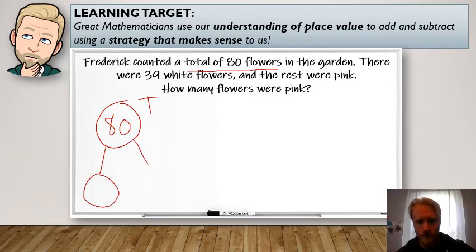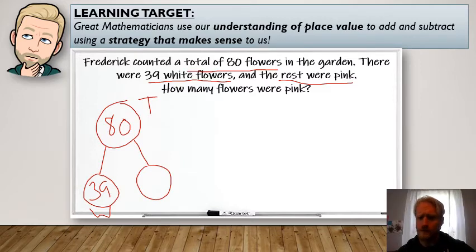Now I can draw in the rest of my number bond. Then it says there were 39 white flowers and the rest were pink. So those would be my parts. So 39, I'm going to draw a W for white. And then we don't know how many pink flowers there were, so I'm going to put a question mark and label that P for pink.